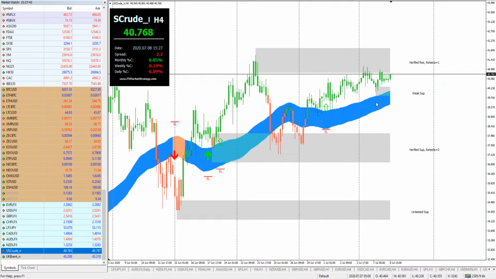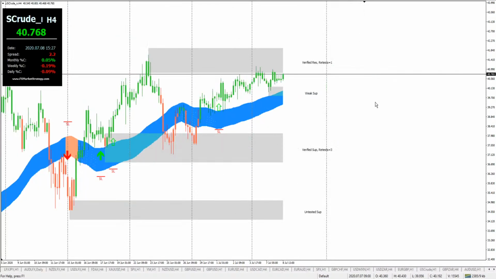You can see it's pointing to the upside. Okay, so the oil is pointing to the upside.